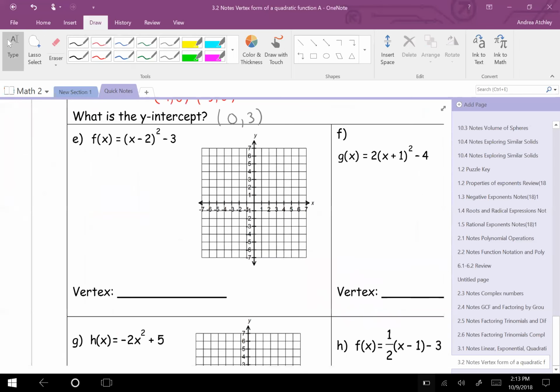Okay, everyone identify the vertex. Remember which number is going to change signs. Okay, Stephen, what's the vertex?